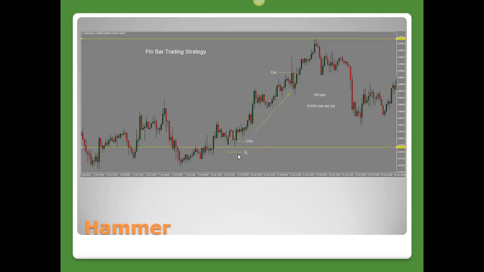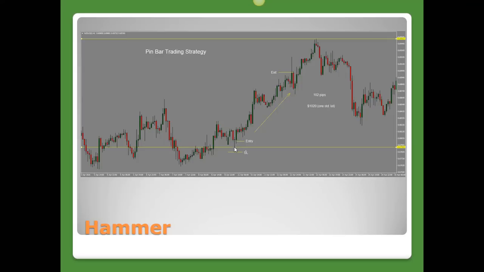This is my favorite candlestick pattern to trade from a 1 hour chart. And if you see them on a daily chart, they're even stronger because the higher the time frame we go into, the signals tend to get stronger.